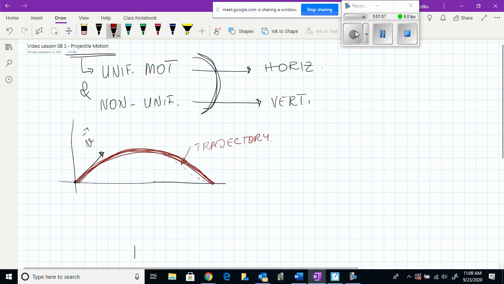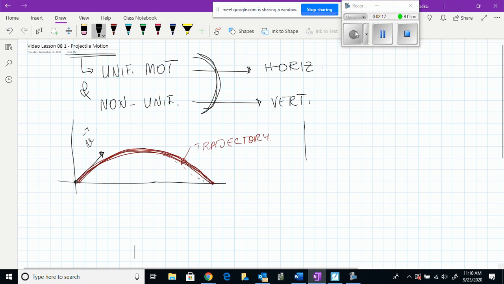that is going down. The assumption that we will make when studying projectile motion is that the wind and the air resistance are not affecting the motion.